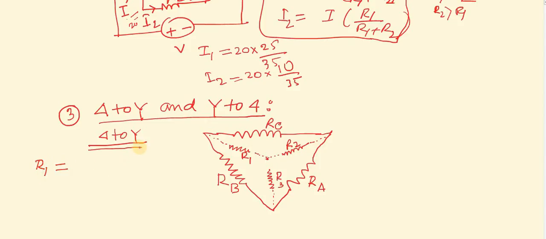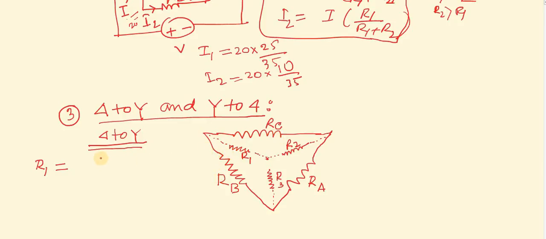R1 is equal to, see, this R1 is the interconnection between these two resistances Rb and Rc.